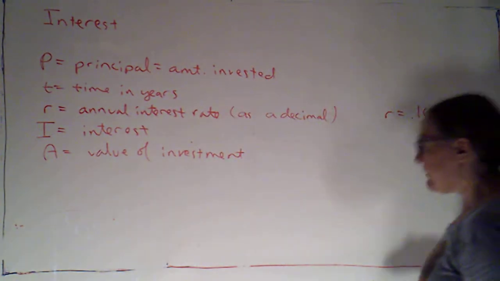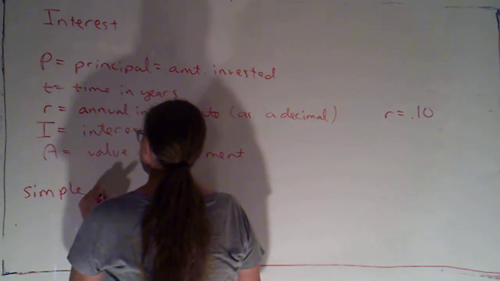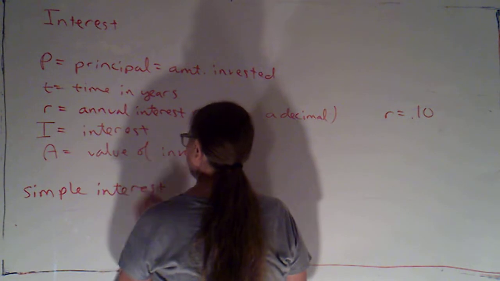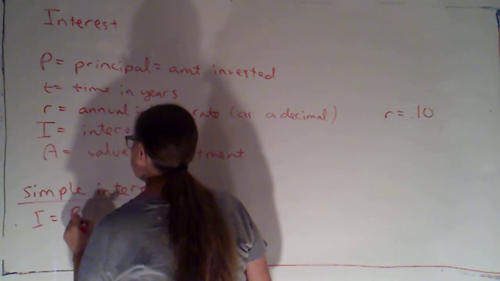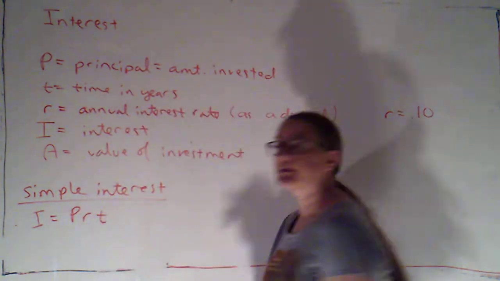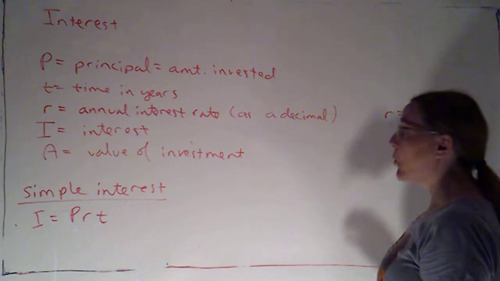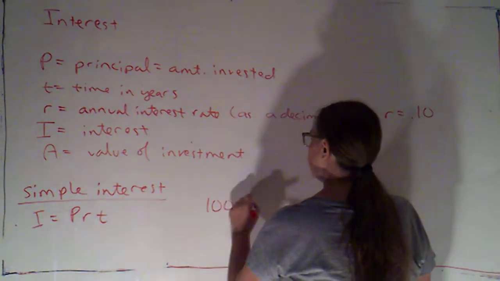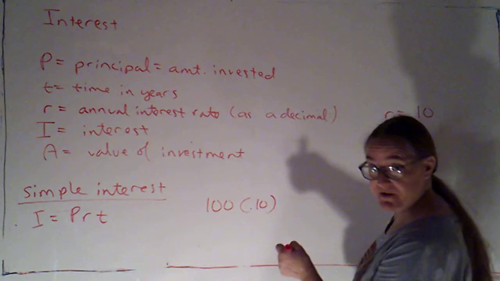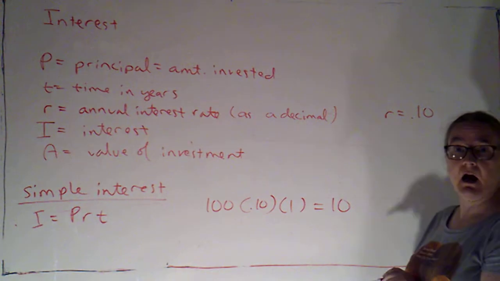Okay, now for simple interest, the interest is just the principal times the rate times the time. Okay, so when our time was 1, we had 100 times the 10% written as a decimal times 1 gave us $10.